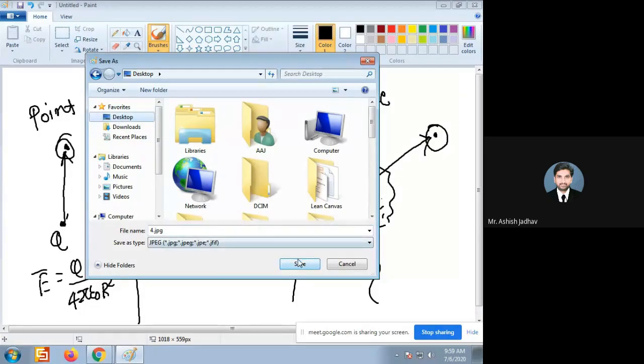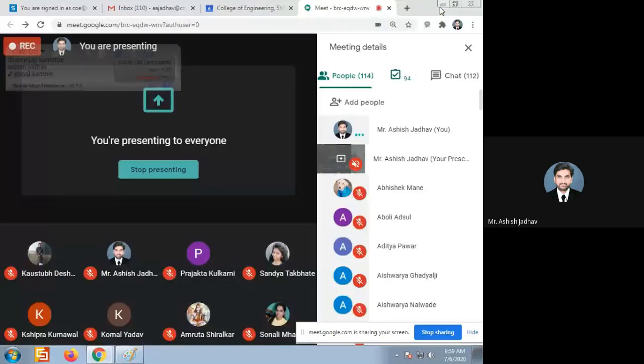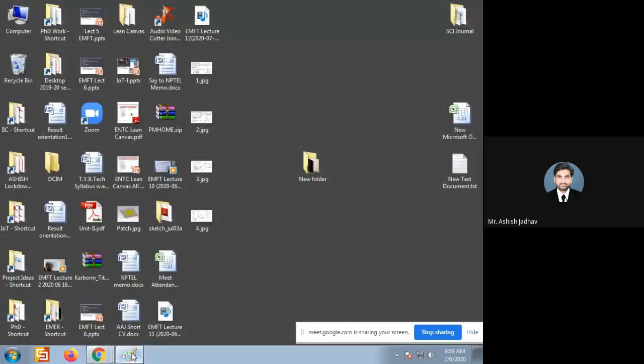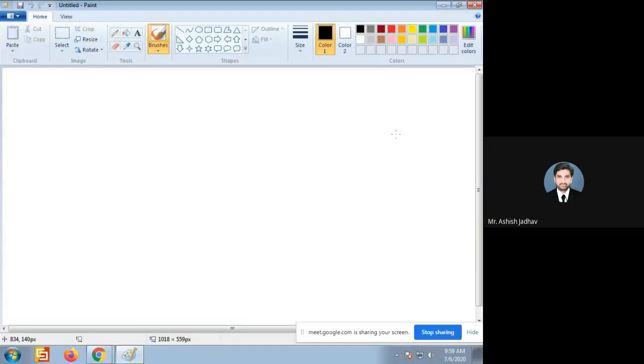Can anyone tell? How can we start actually? First we should start with the rectangular coordinate system, and then we will switch to the cylindrical coordinate system, right?